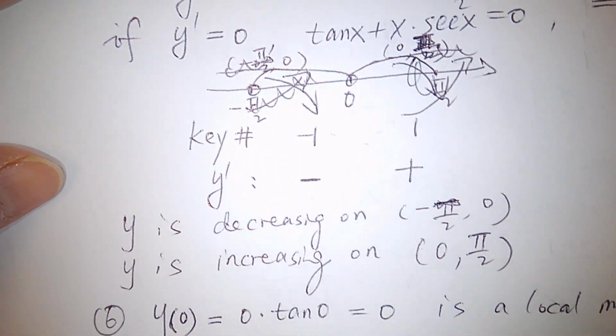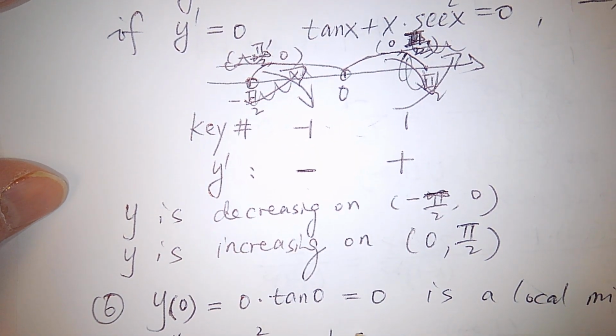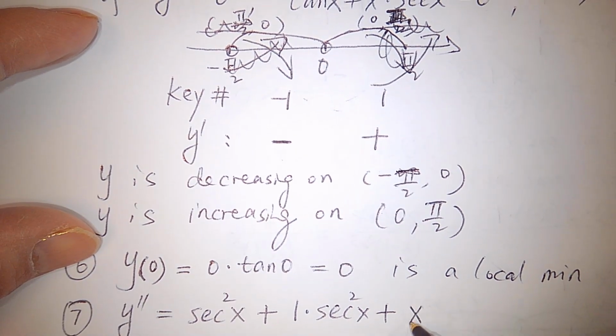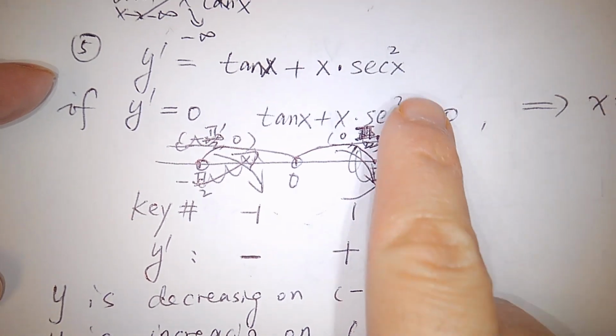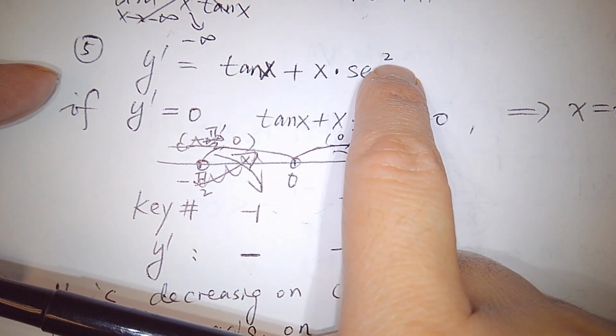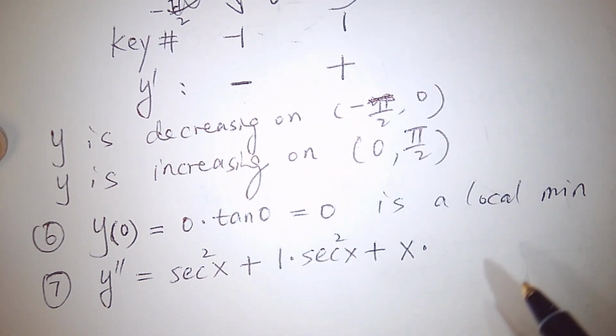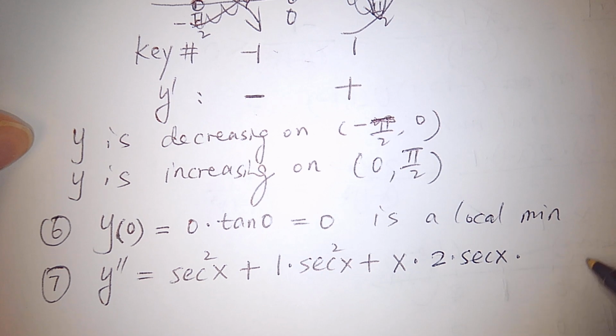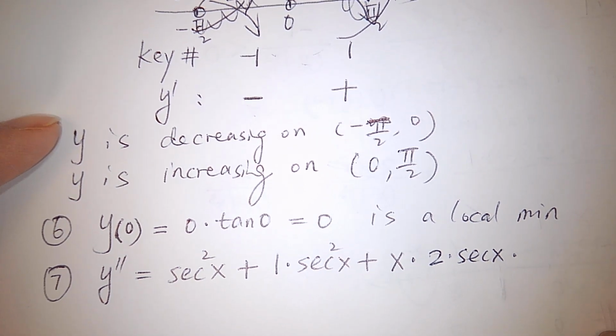Differentiate x: 1 times secant x squared plus, keep the x. How do we differentiate secant x squared? Chain rule and the power rule. It should be 2 times secant x times the derivative of secant x. What is the derivative of secant x?